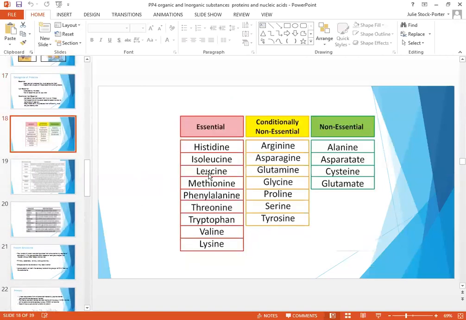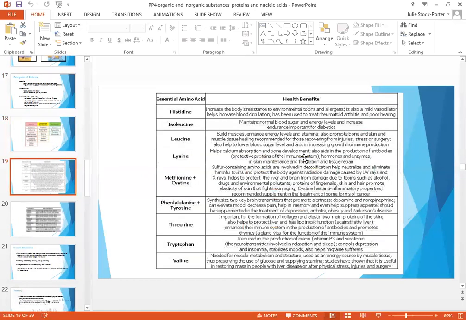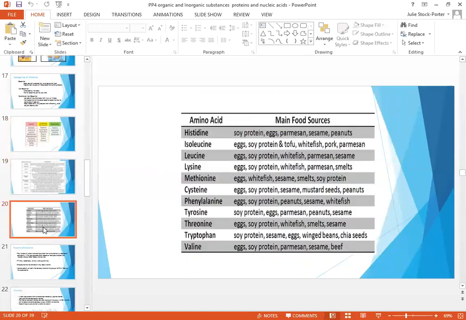And here, this is just a chart of the essential, the conditionally non-essential and non-essential amino acids, just so you can get an idea of what that looks like. And then we have some other charts that you can go through on your own. They talk about the essential amino acids and the actual benefits of those, why we need them.